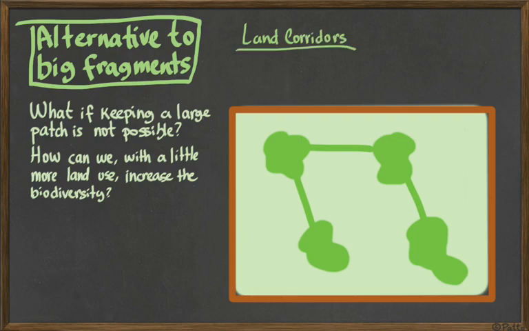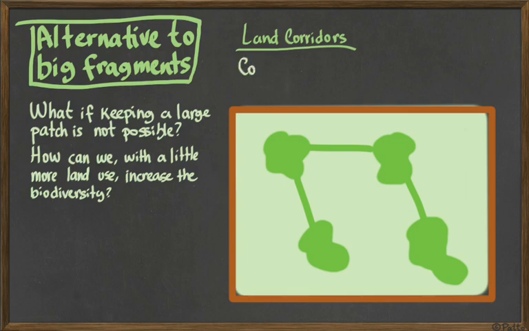Land corridors are thin strips of forest, 50 meters wide, 100 meters wide tops, so not very wide. Some corridors, they are not occupying much space in your farm. You'd still be producing a lot, but now you just connected the 4 patches. 4 connected patches behave as quite one big one. So you have a bigger biodiversity if you connect your patches.